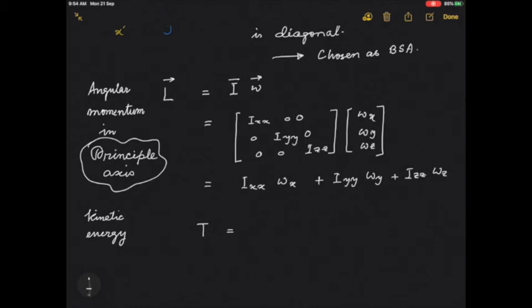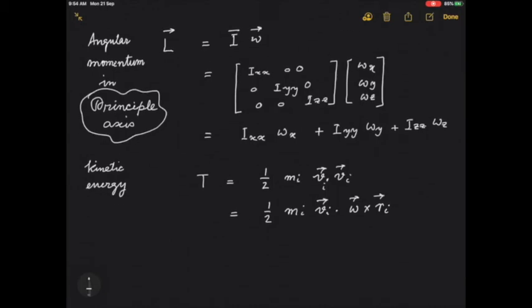Kinetic energy is given by half the sum of the mass of all the particles times vi dot vi. One of the vi, just like before, I can write as ω cross ri.